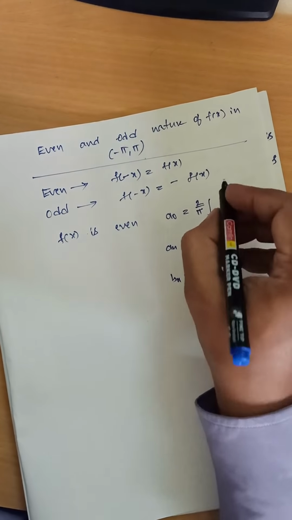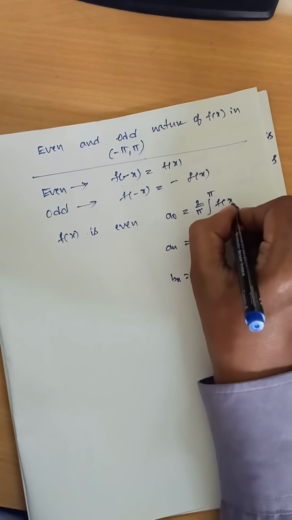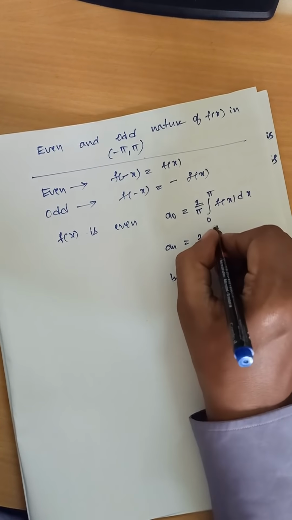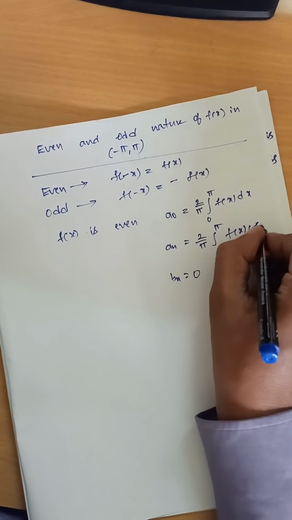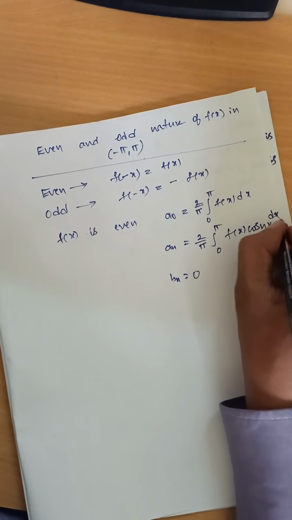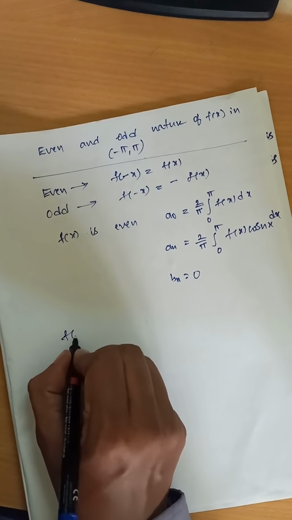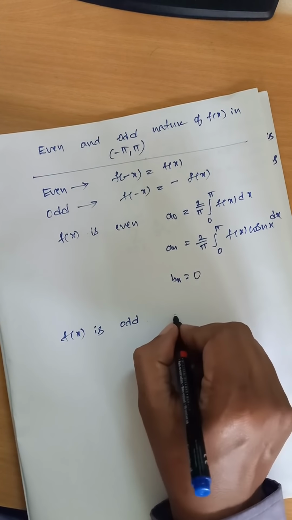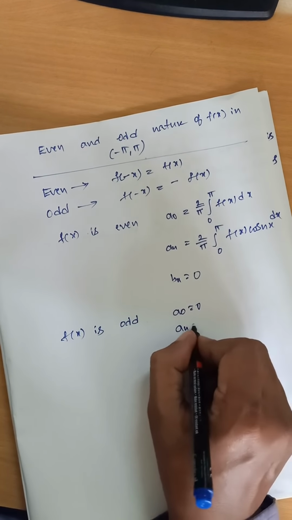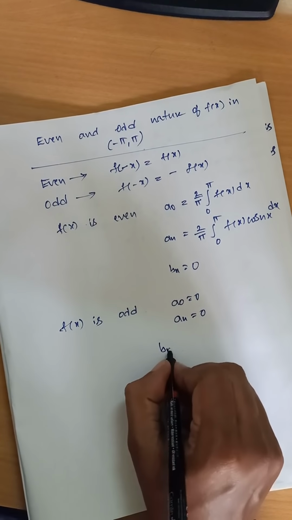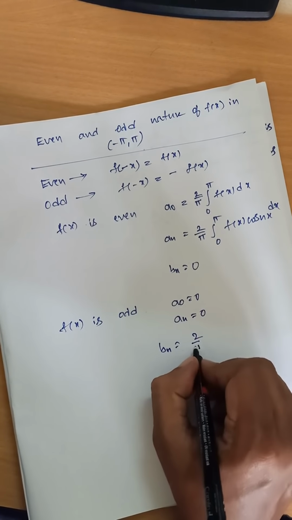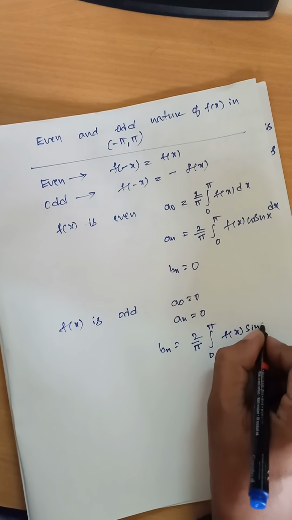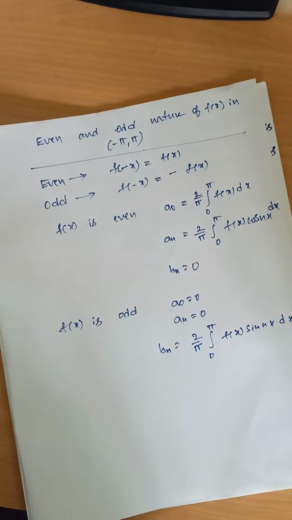An is 2 by pi integral 0 to pi f of x into cos nx into dx. Next, if f of x is odd, a naught is 0, an is also 0. Only we find bn, which is 2 by pi integral 0 to pi f of x into sin nx into dx.